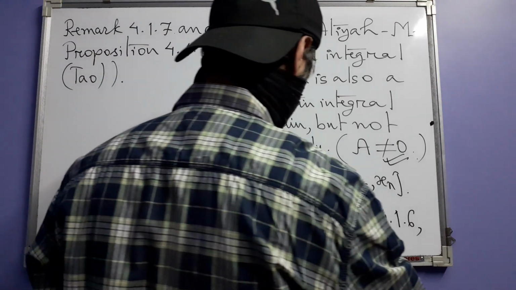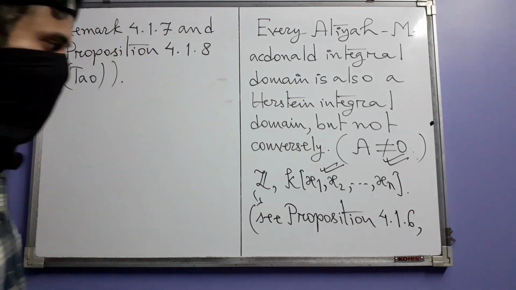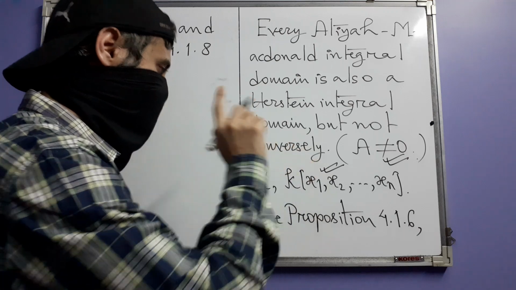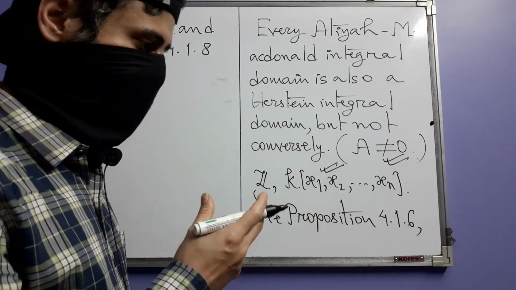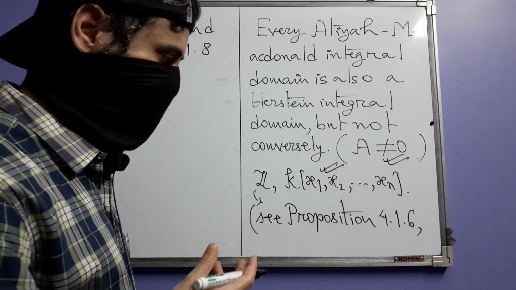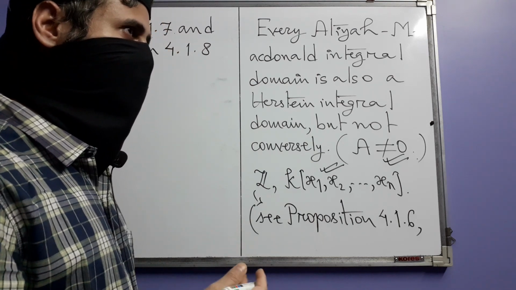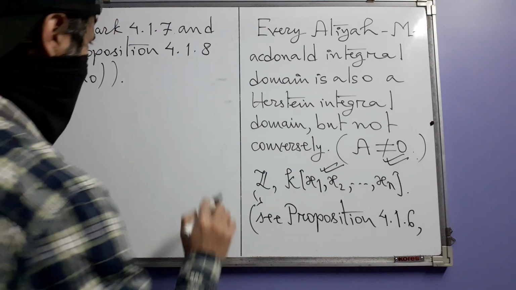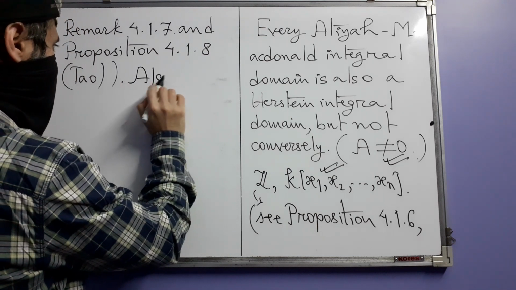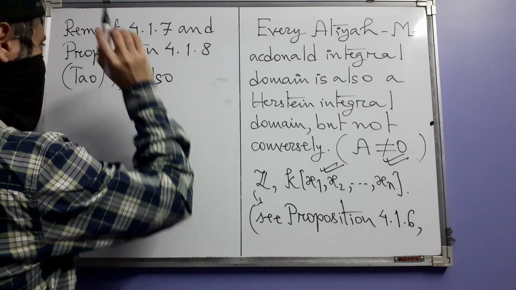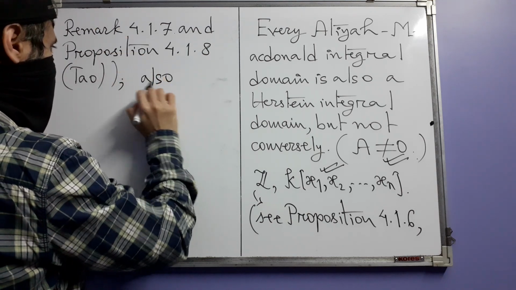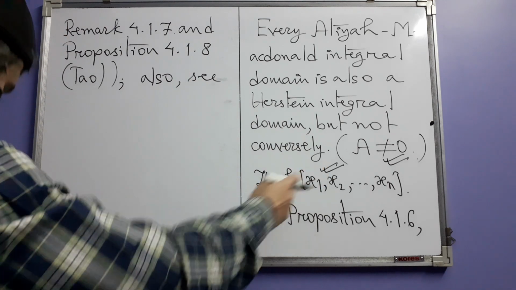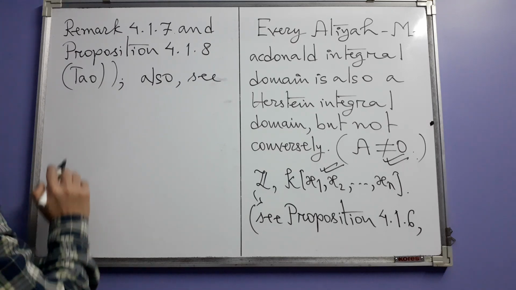What about this? This kind of ring we have seen in the last section of Herstein's Topics in Algebra, where the name of the section, I think, is polynomial rings over commutative rings. And there also, the result that tells us that this is an integral domain is lemma 3.11.1.